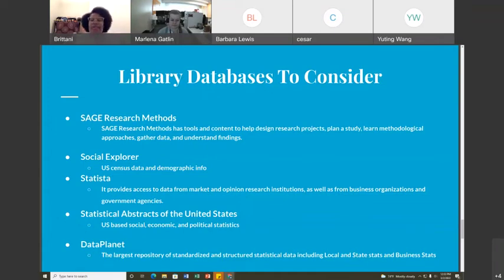And you can also go in and control for other factors that you want to look for from the census. So I highly recommend that if you are going to use data sets that already exist.